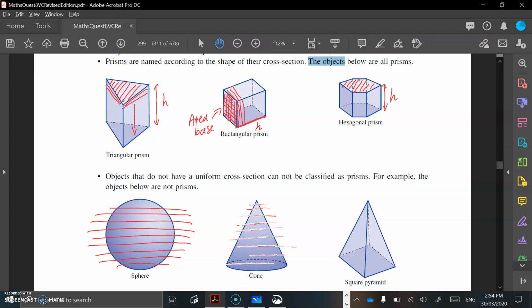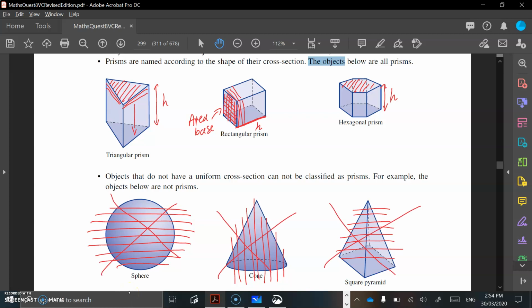And if you were to slice it this way, you'll get a very different shape, also in different sizes. With a square base pyramid, if you were to slice it across, you'll get a square, but you're not going to get the same size square. So these aren't prisms.